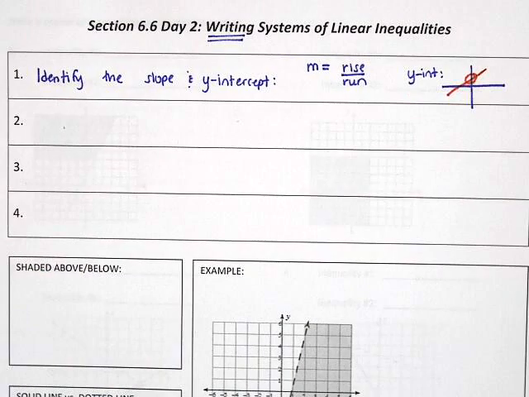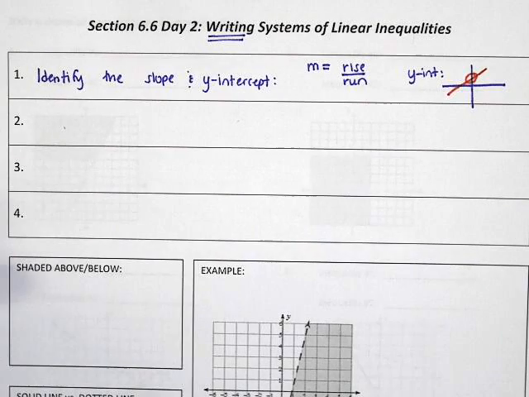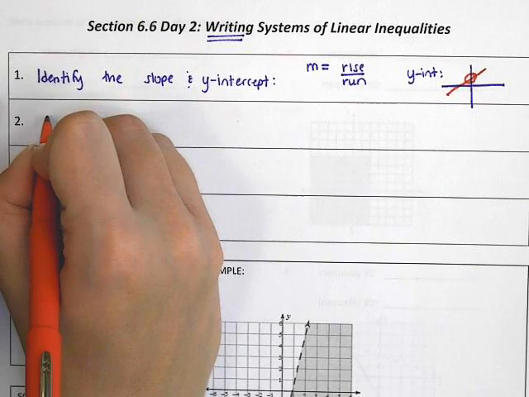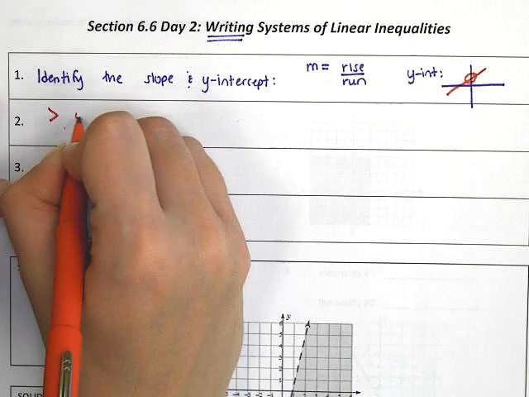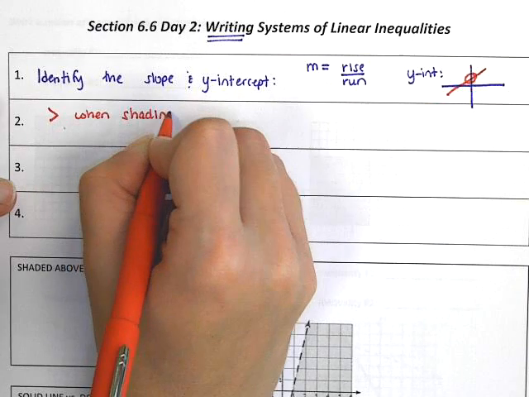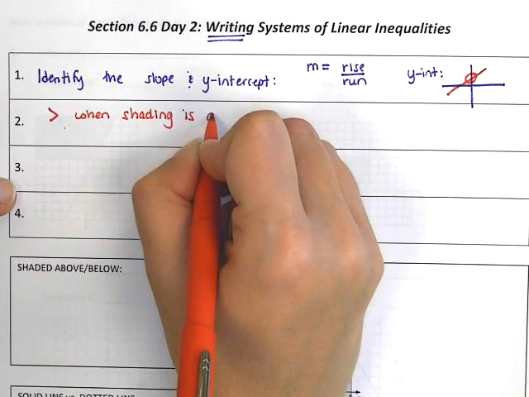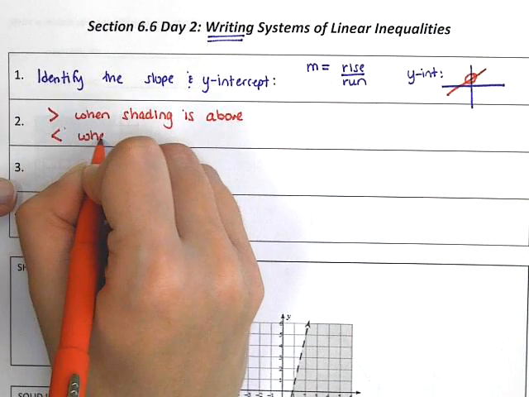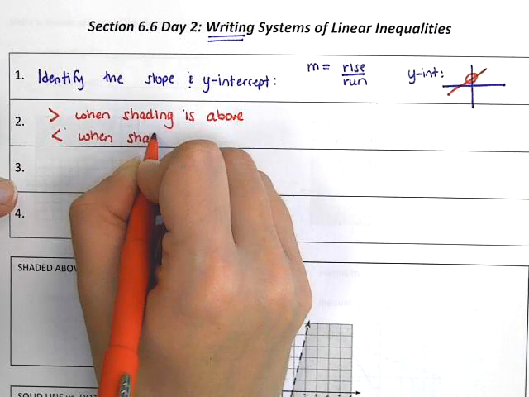After you've identified the slope and the y-intercept, you're going to set up your equation, and you're going to use a greater than when the shading is above, or a less than when the shaded part is below.